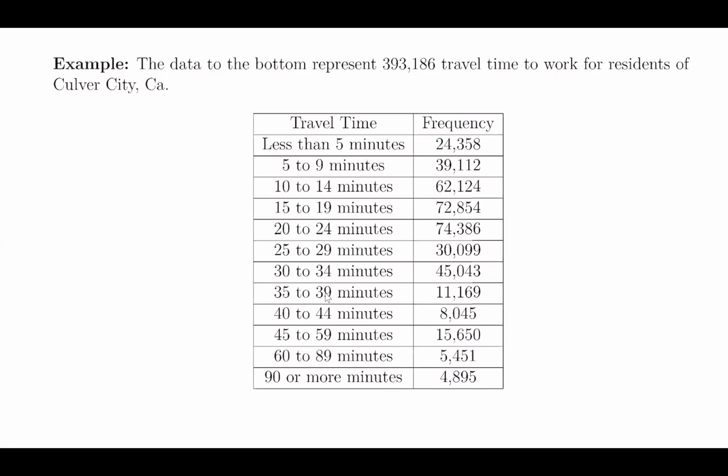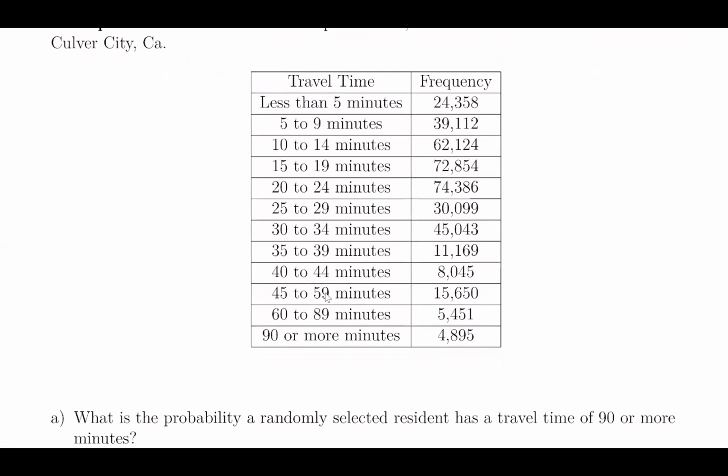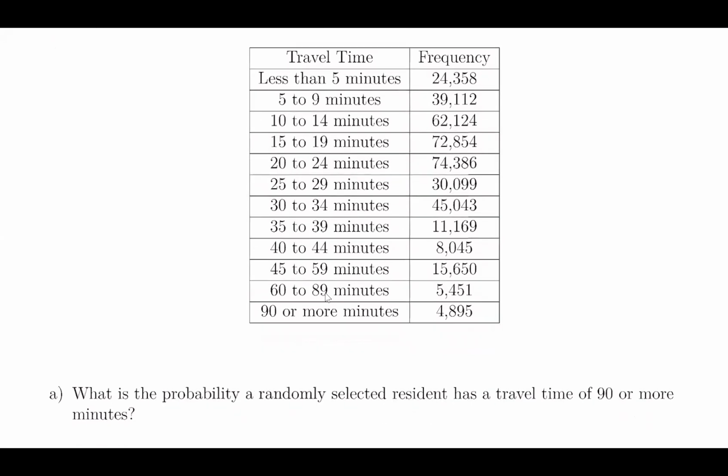All right. So let's go ahead and look at the first one. It says, what is the probability a randomly selected resident had a travel time of 90 or more minutes? So I'm going to write it as the probability they last 90 plus minutes. How many total residents do I have whose commute time is 90 or more minutes? 4,895.